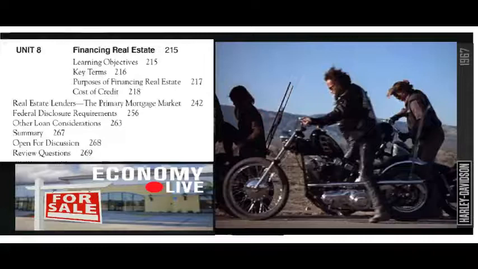Dodd-Frank. In response to the mortgage lending crisis and subsequent upheaval in financial markets, the Dodd-Frank Wall Street Reform and Consumer Protection Act, Financial Stability Act of 2010, was signed into law by President Obama on July 21, 2010. The act created the Financial Stability Oversight Council and the Office of Financial Research, both as part of the Treasury Department.